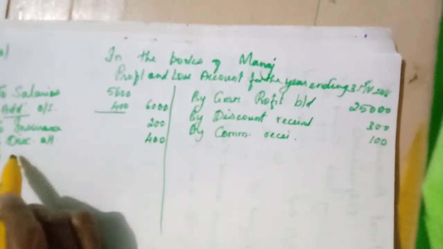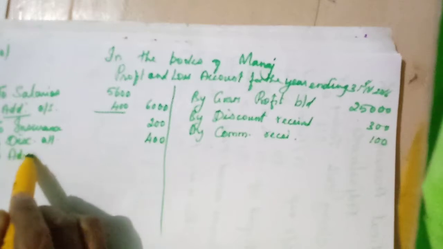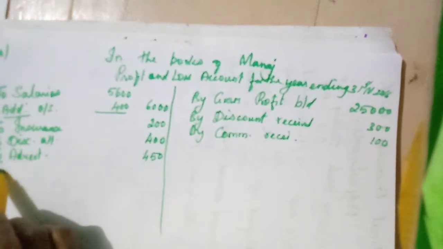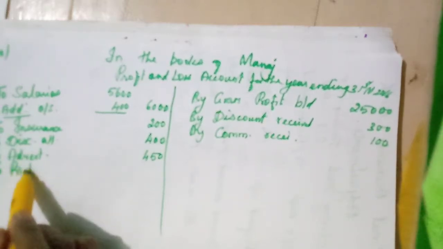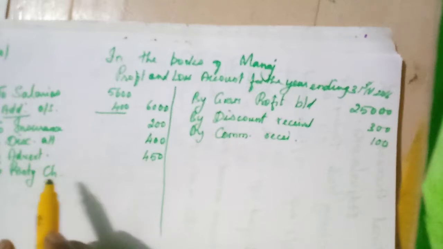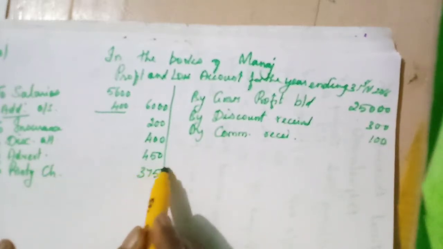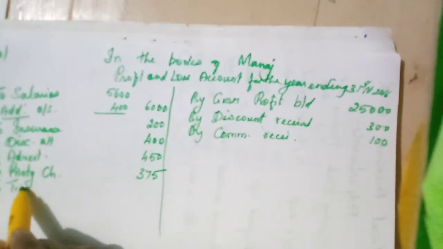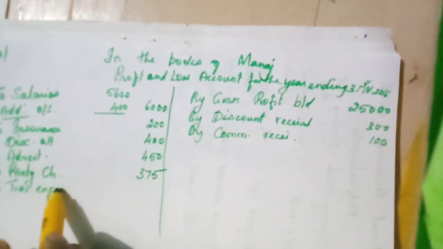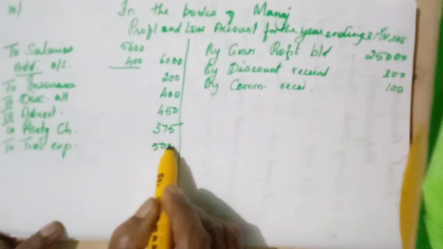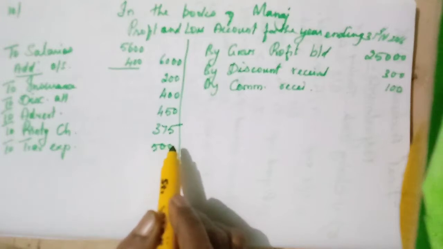Advertisement. Write the full word. Then printing charges, 375. Traveling expenses, 500. Stationery.